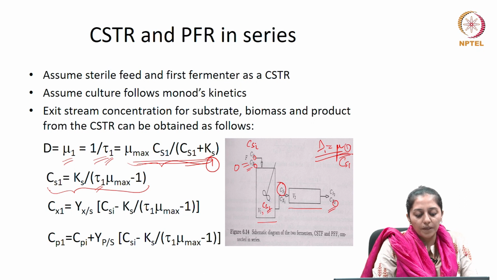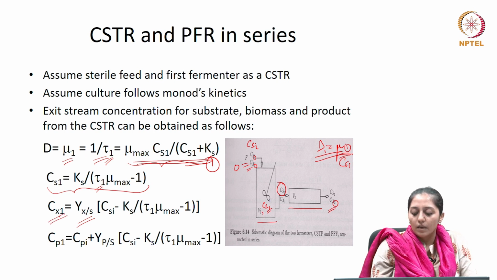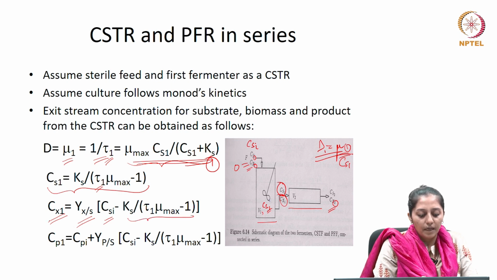Now if CS1 is known and the yield coefficient is known for the culture, we can find out the outlet biomass concentration from this first CSTR, as a function of the inlet substrate concentration and the outlet substrate concentration, and by the yield coefficient X by S, we can determine CX1, because CXI here goes to 0.